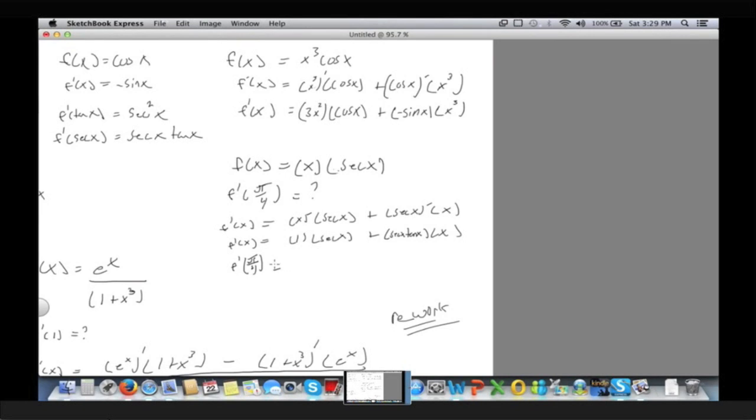I guess I should probably write that out before I plug it in, but hopefully I get this correct. If not, then I should definitely take that approach anyways. One divided by cosine pi over 4 plus 1 divided by cosine pi over 4 times tangent pi divided by 4 times pi divided by 4, and I get 2.525.